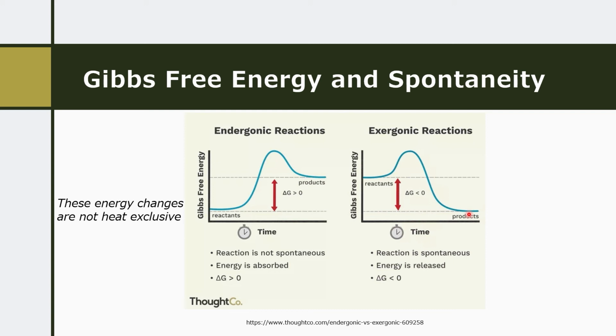There has been a loss of energy from the system, and that is going to mean that the process was spontaneous. Keep in mind that these energy changes being shown here are not heat exclusive. There may be a gain or a loss in heat that can be measured more in line with what we were looking at in our enthalpy calculations and experiments, but these energy changes could be through electrical energy or light energy as well.